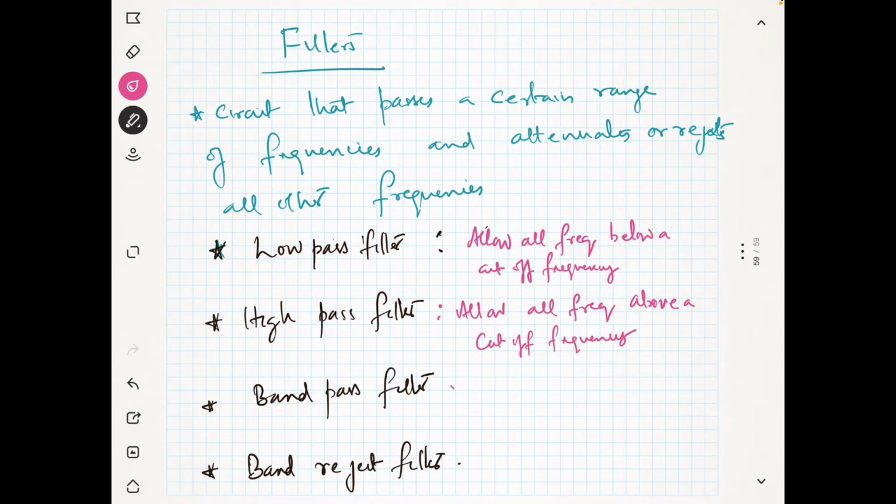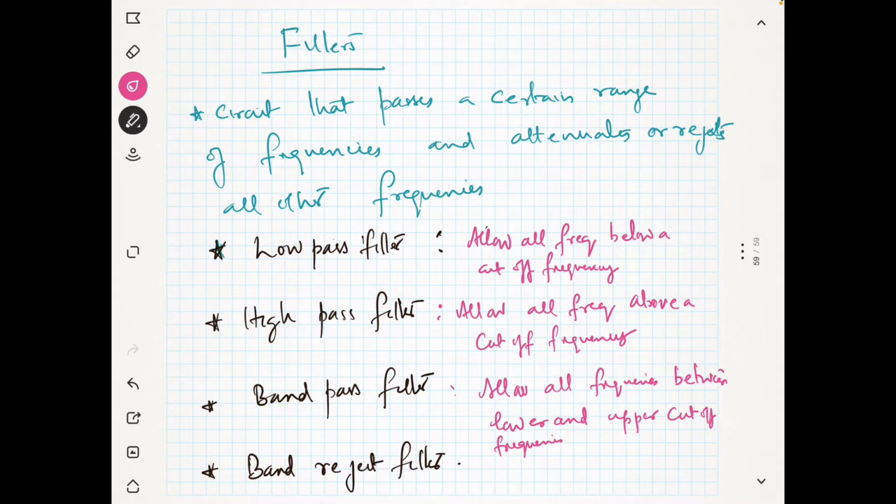And what is a band pass filter? It will allow all frequencies between the lower and upper cutoff frequency. That means between some particular range it will allow. For example, it allows frequencies between 10 kilohertz and 20 kilohertz. It is a band pass filter.